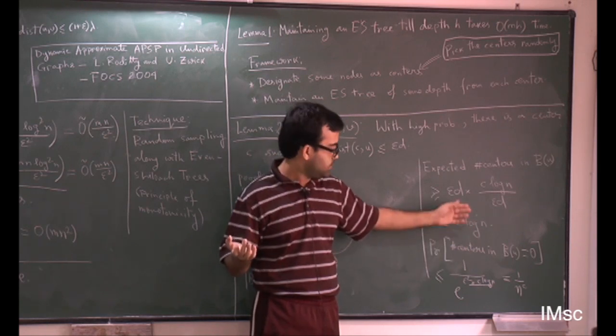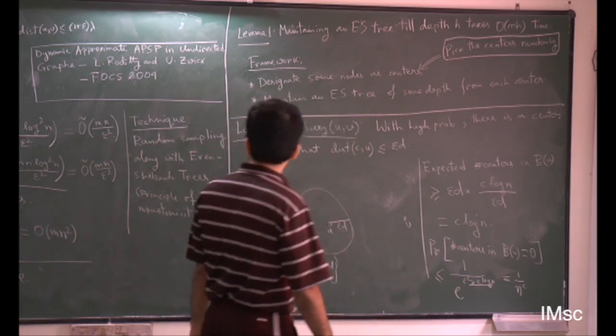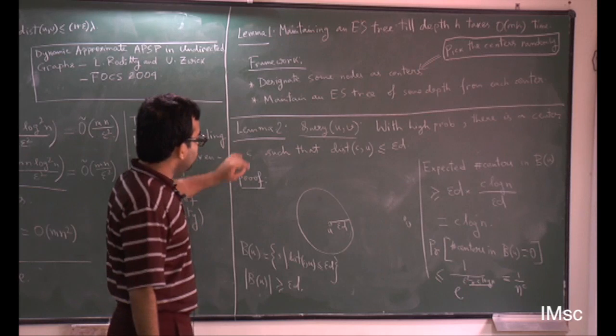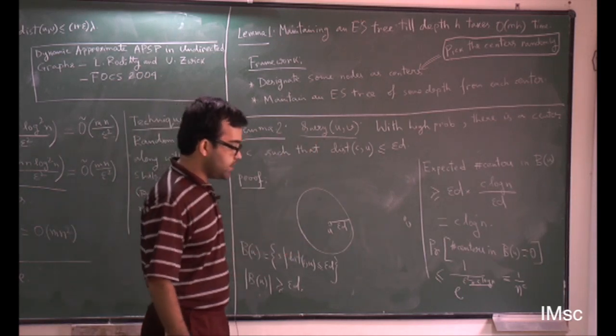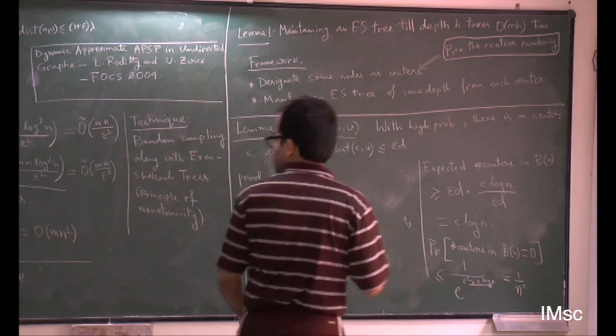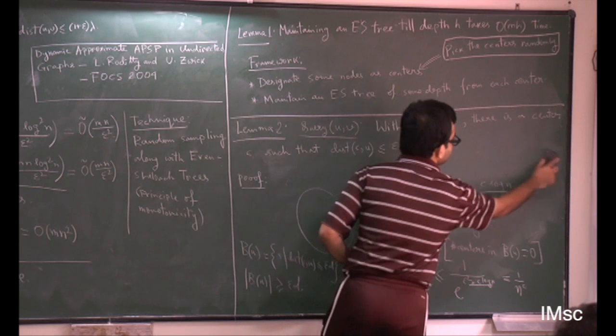Okay. So, you can just work out the math here, that is not very important. Okay. So, we now know that when this query comes, with high probability there is a center close to it. So, let me erase this part.